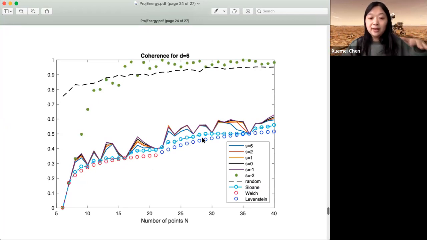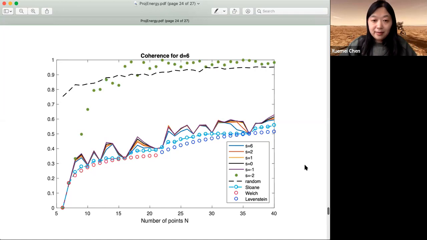Which definitely shows up in the experiment. And then the other thing that we need to see from this picture is that bigger-ish S values give you a little bit better results, just better separation, smaller coherence.